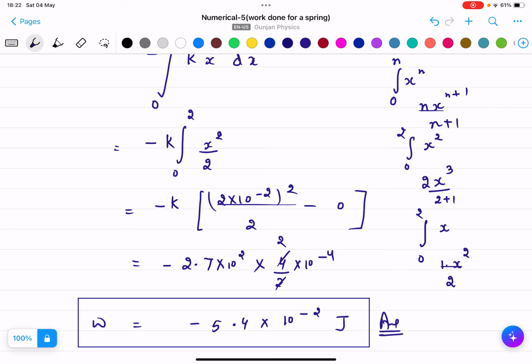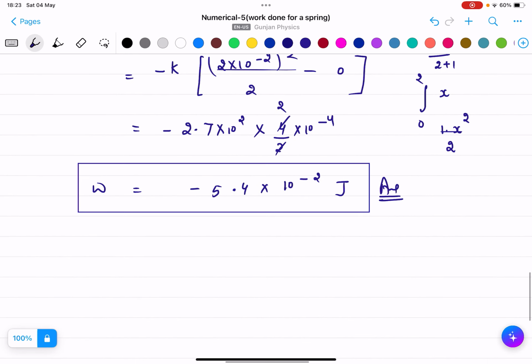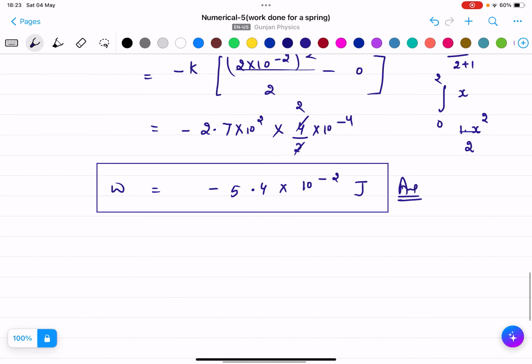So it will be x square by 2. So we have taken out the integration. I am just putting in the values and the limits, and we have found the work done, minus 5.4 into 10 to the power minus 2 joules. So when we are solving these equations, please consider how to do the integration.